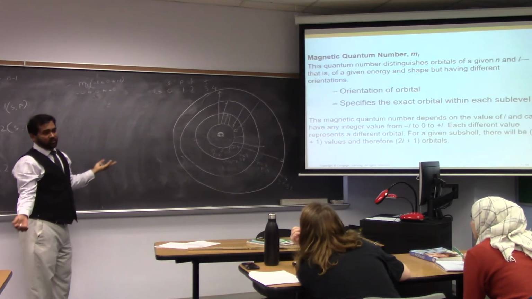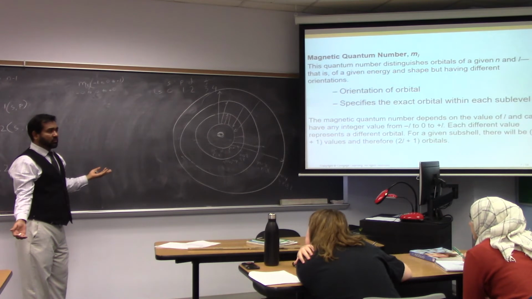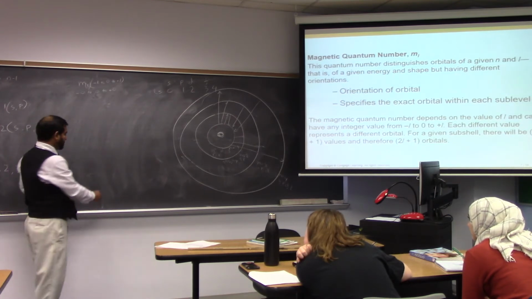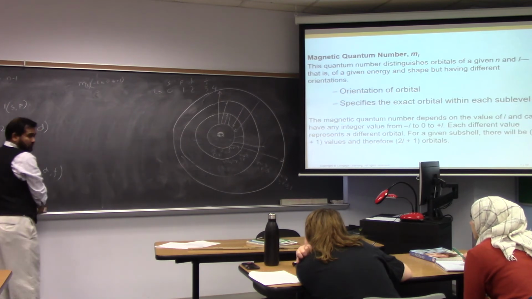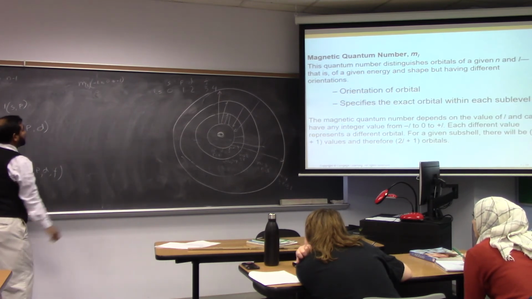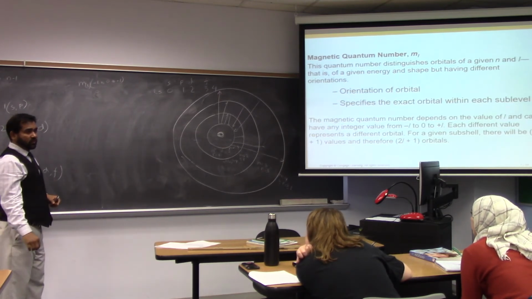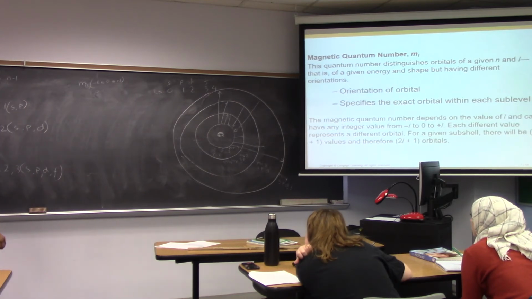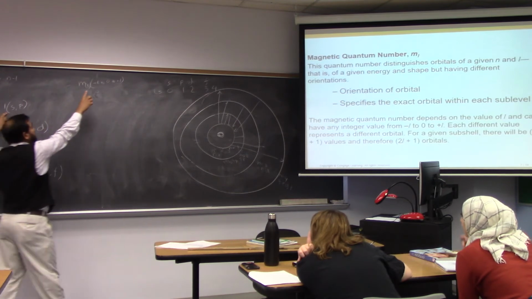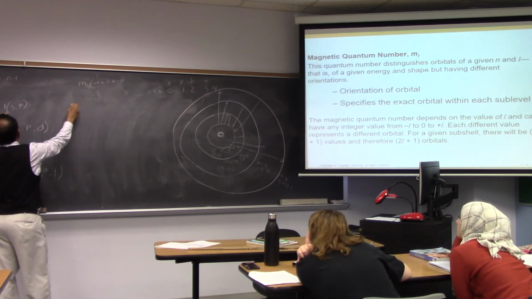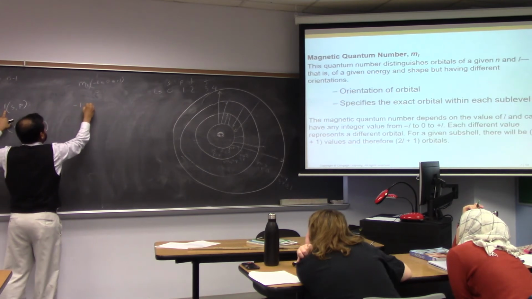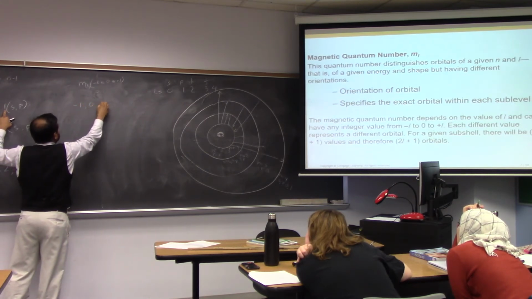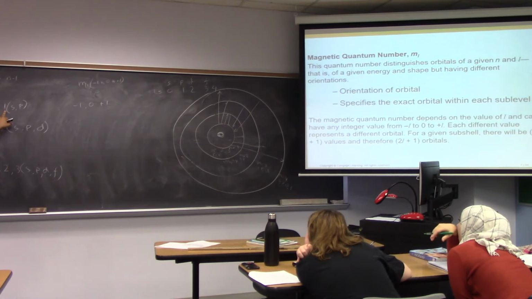That actually means 0. Negative 0 and positive 0 have no difference. It is actually 0. I put it down so you have no confusion. For the second level, L equals 0 and 1. The formula is negative to positive, so for 1 it is negative 1, 0, positive 1.